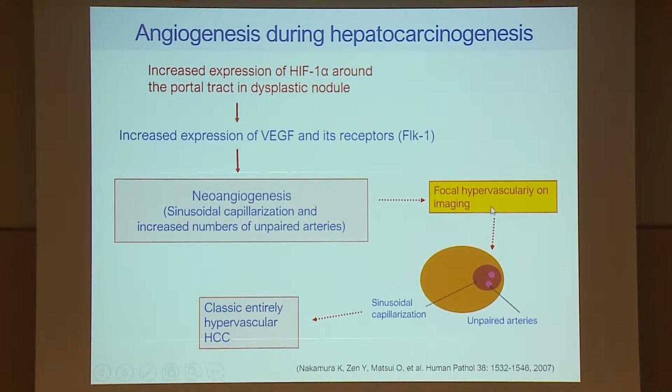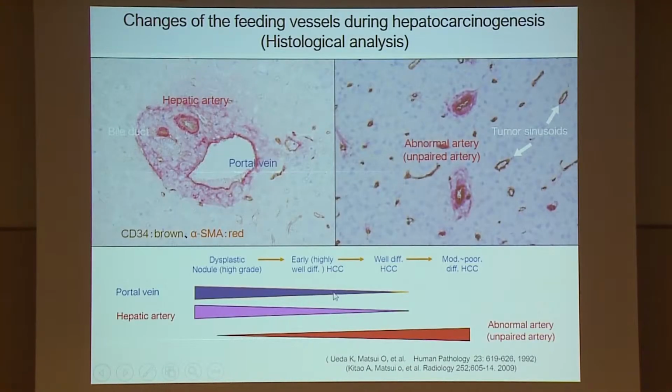At this stage, in imaging, we can probably detect focal hypervascularity. Then this portion gradually expands, spreads into the entire nodule, and becomes a classical, entirely hypervascular HCC.